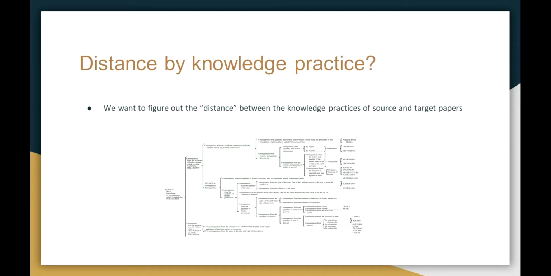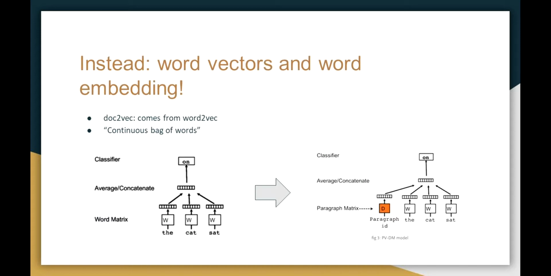Then we wanted to look at a slightly more sophisticated notion of distance by evaluating how far apart the knowledge practices or the subject areas are between the source and the target papers. For this, we used word vectors and word embedding using a process called continuous bag of words, which uses the doc2vec and the word2vec Python libraries.